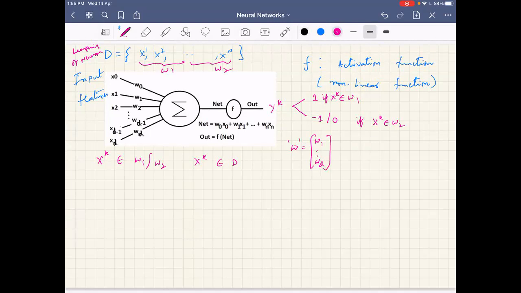So xk belongs to d dimension, x1 to xt, right? Okay, so xk1 to xkd if we want to explicitly specify.